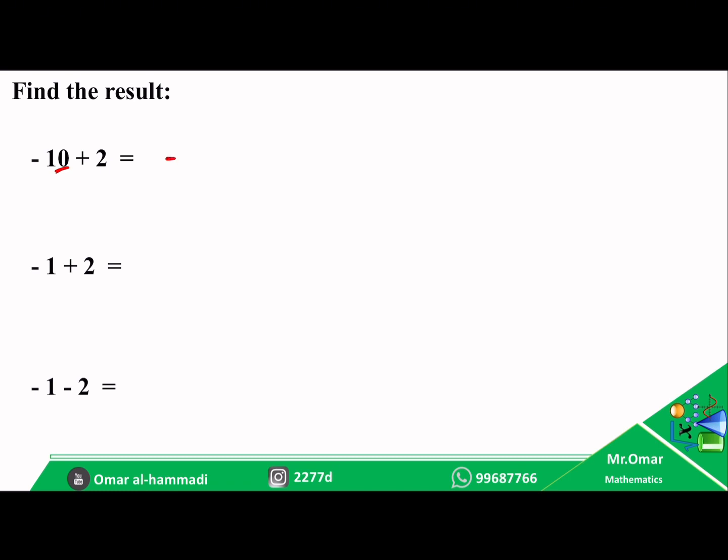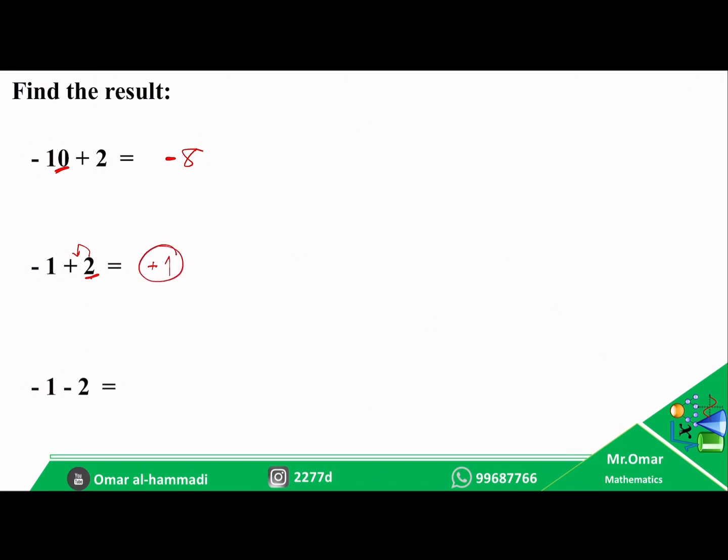And here we go, we have an example. Let's see how we can solve this example. First of all, find the results. Minus 10 plus 2. The larger number is 10, so the result will be minus. And then 10 minus 2 is what? 8. Again, minus 1 plus 2.